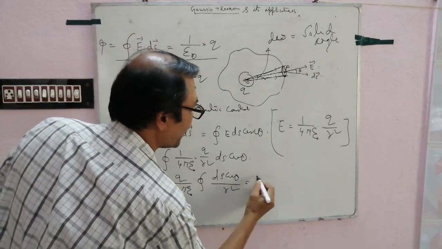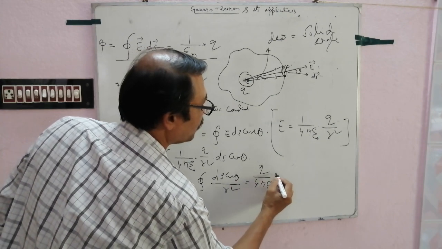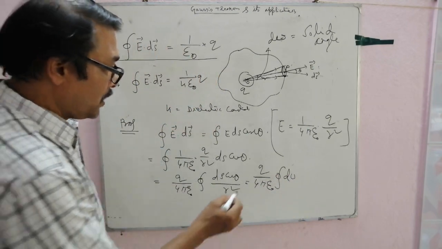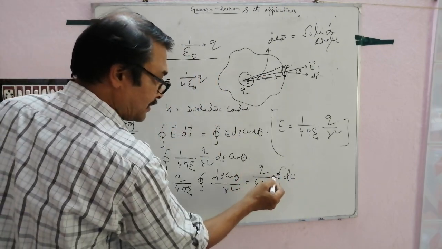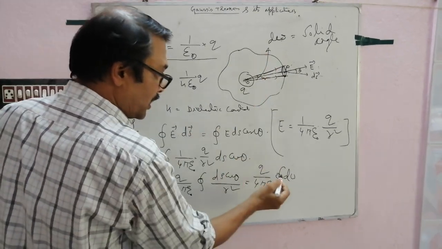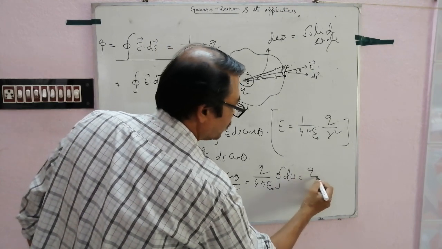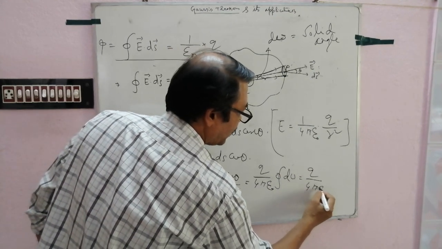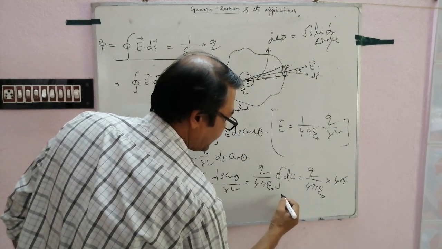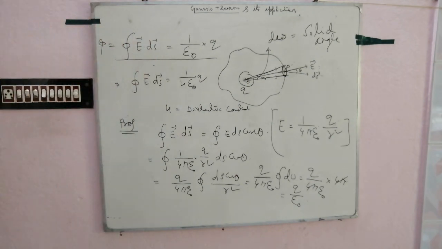So we get q by 4 pi epsilon naught integration of d omega. Total, this circular symbol means closed integral, closed form. The value of this is 4 pi. So final result we get q by epsilon naught.